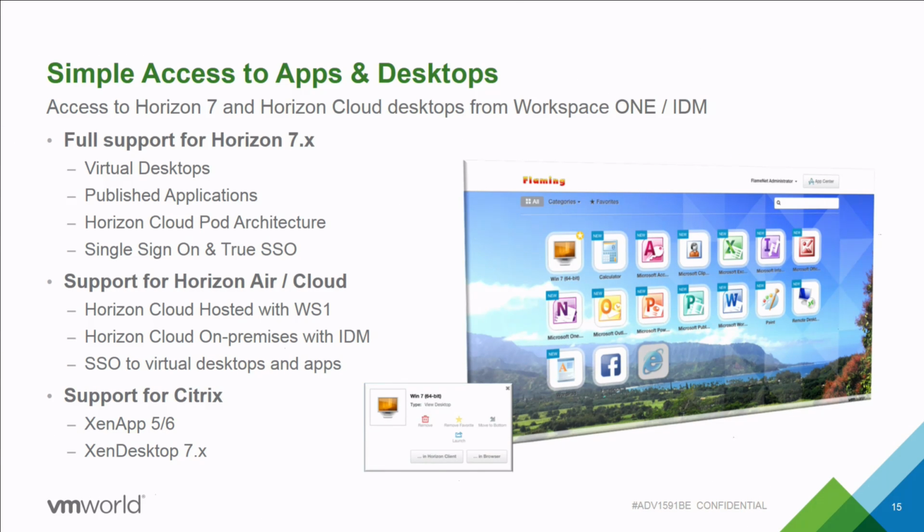So first of all, and the one that we're going to show later on in the demo as well, is Horizon 7. So Horizon 7 is able to distribute both virtual applications, published applications, virtual desktops, and cloud pod architecture, which we will cover later on in some other slides, and single sign-on, of course.